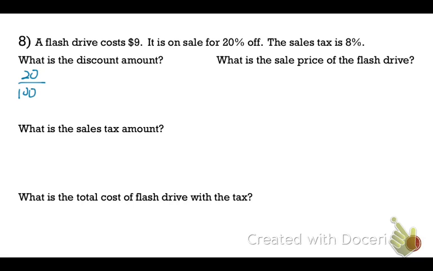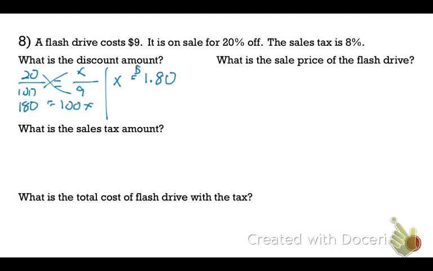So 20 compared to 100 equals some amount over 9. Okay, so we'll just cross multiply. 180 equals 100x. And then I'm dividing by 100, so that will give me $1.80. So that's going to be my discount on the flash drive.